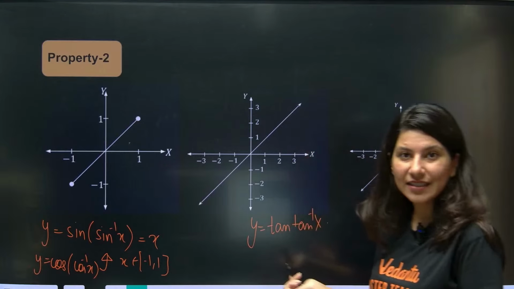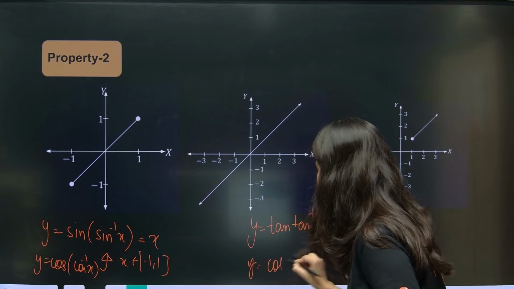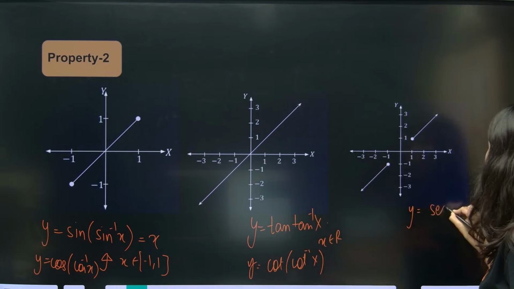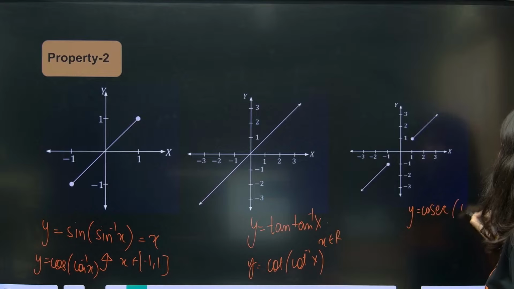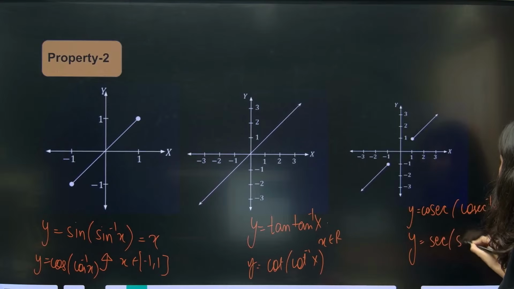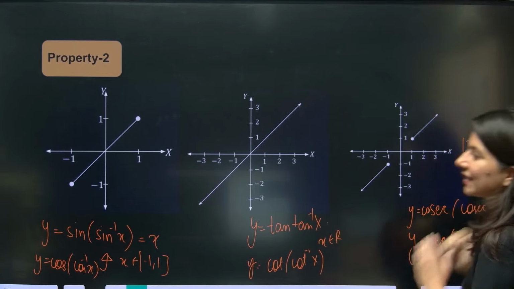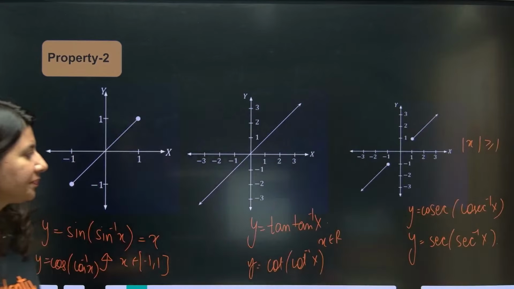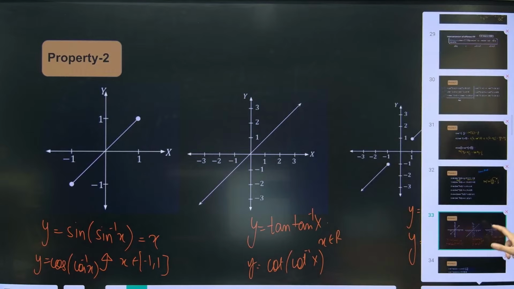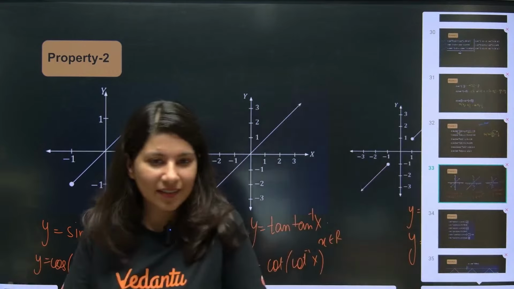Because here x can be anything, x belongs to all real, and the same for cot of cot inverse x. And the rest two will be the graph of y is equals to cosec of cosec inverse x and y is equals to sec of sec inverse x. Here the domain will be what? Tell me. Mod x greater than or equals to 1, that means greater than or equals to 1 or less than or equals to -1, right? So these are the 3 graphs, and you don't have to remember the graphs, but it will give you better clarity. So property 2 is not very difficult.